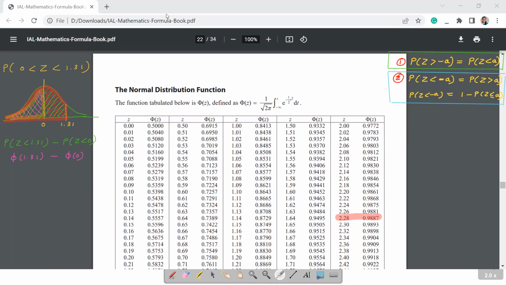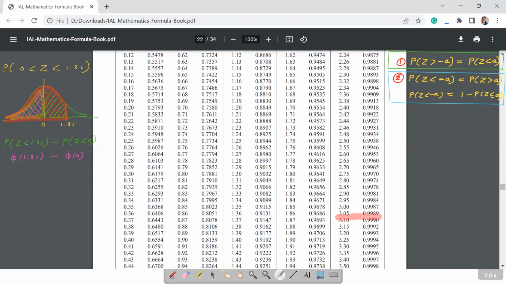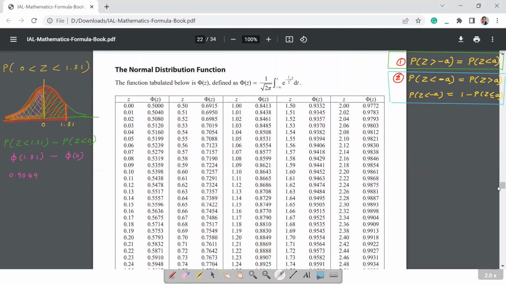So phi 1.31. Okay, we'll have to move the table down. 1.31 is 0.9049. Okay, and then the other value is when Z is 0, at the very front, right here.